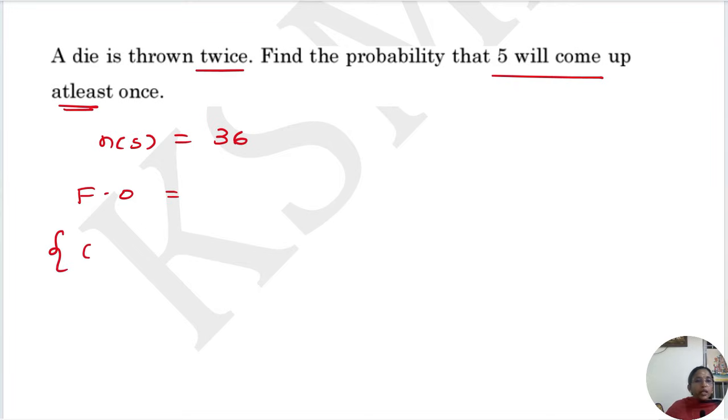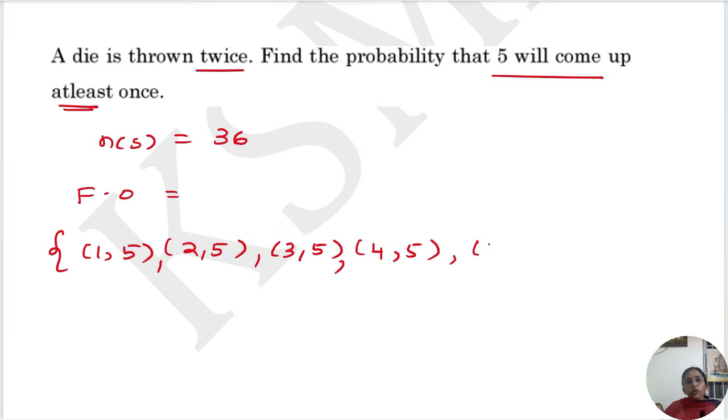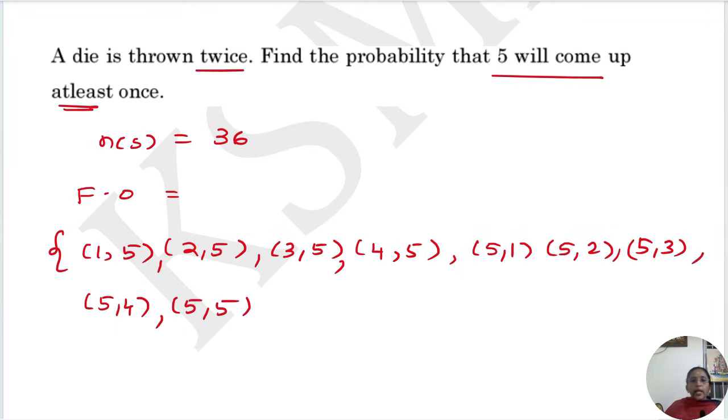So the favorable outcomes are, in the first row, 1,5, and in the second row 2,5, 3,5, 4,5, and in the fifth row 5,1, 5,2, 5,3, 5,4, 5,5, where 2 times the 5 turns up, and 5,6, and in the sixth row 6,5. So the total number of favorable outcomes is 11.